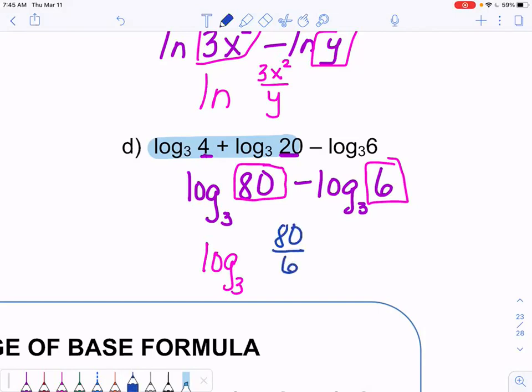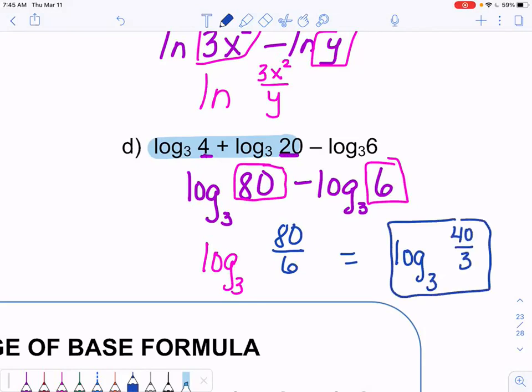You only are dividing the term after the log. That's what you're really pulling together. And 80 over 6 reduces to 40 over 3. So when you have it as a single log, it's then been condensed. Questions?